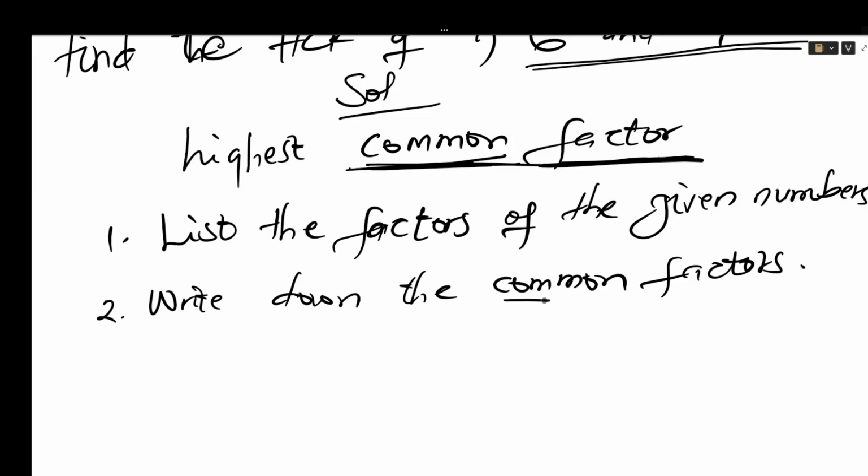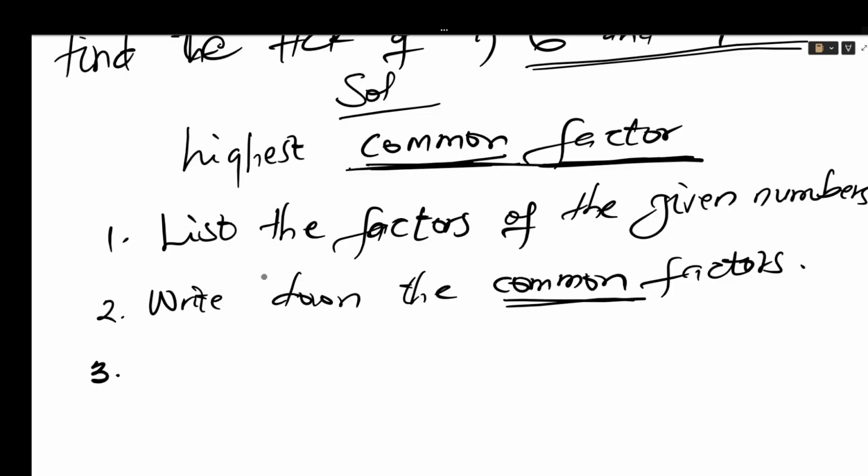When something is common, it can be found in one area and also in another area. So out of the factors we listed for 6 and 9, we look at the numbers that appear for both 6 and 9. That is the second step.